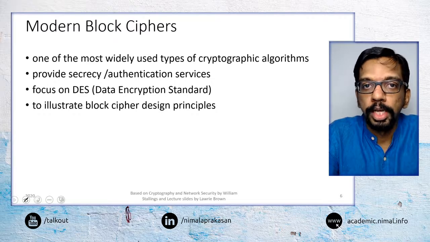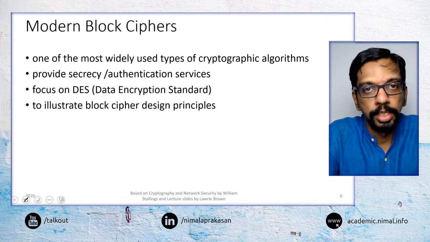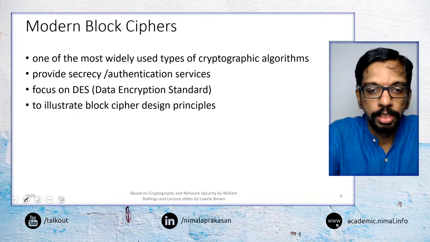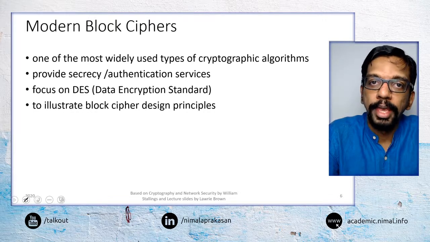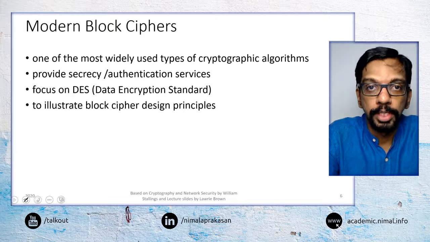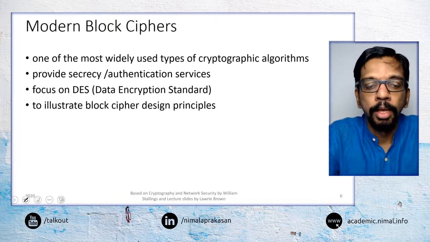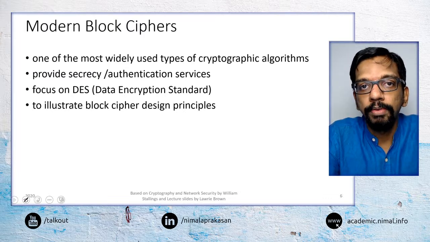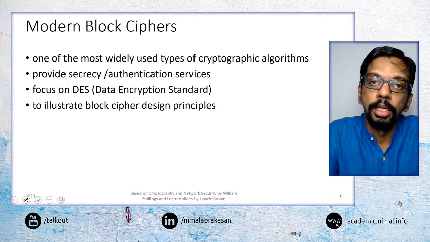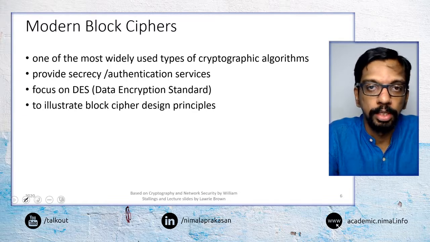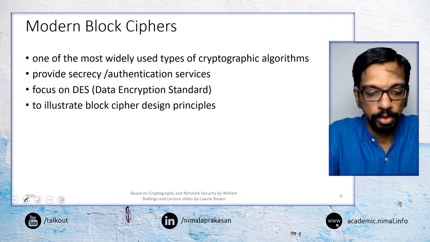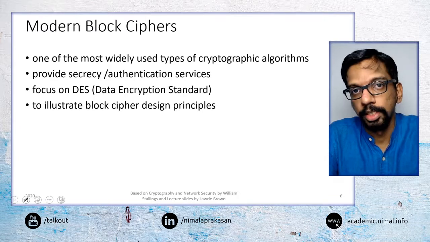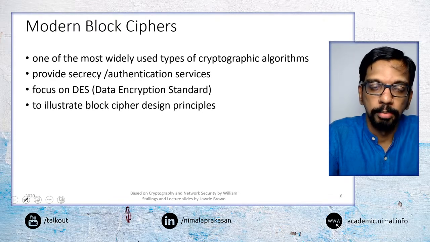In the upcoming lectures, we will also focus on the Advanced Encryption Standard, or AES. Even though AES has become the main encryption standard, eclipsing DES, we will start with DES to better illustrate the design and basic principles of a block cipher. In the upcoming lectures, we will focus on the key differences in AES and how that is implemented.